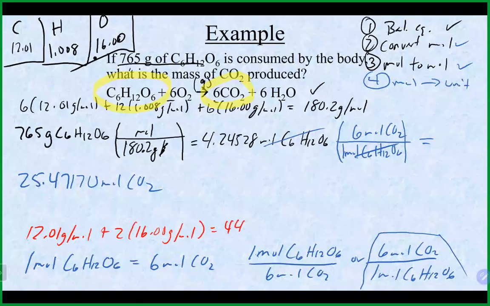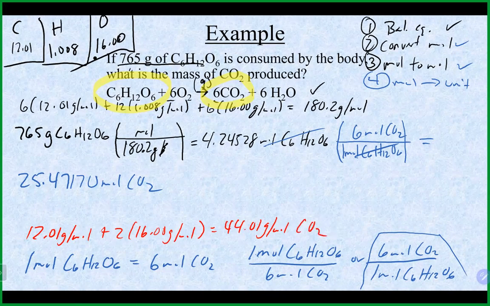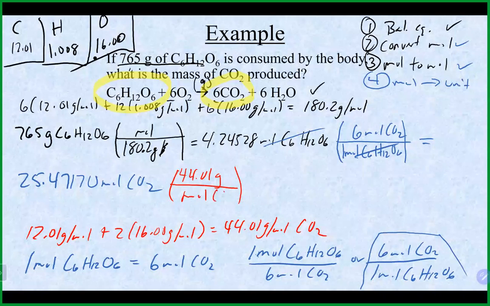Gives us 44.01 grams per mole as the molar mass of CO2. That would be our final step here. Grams would go on top since that is the unit we are looking for. Moles of CO2 would go on the bottom so that they cancel. And that would get us times 44.01.